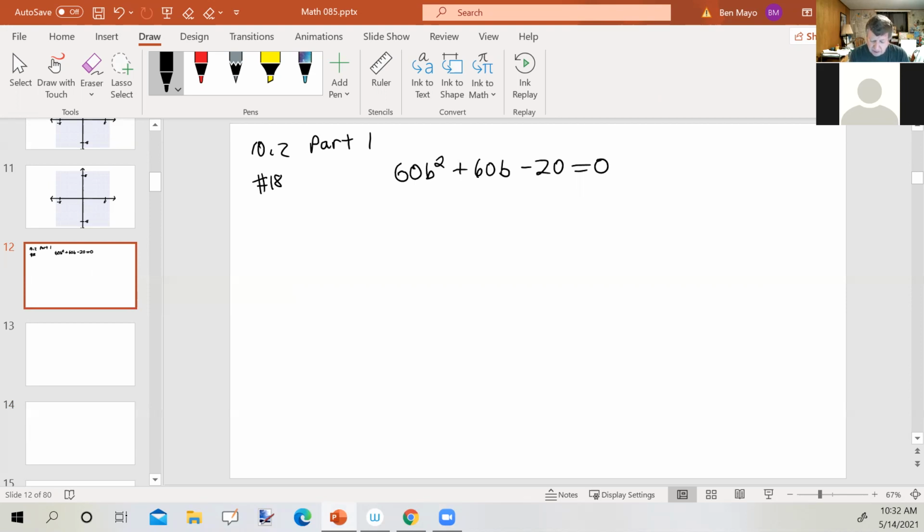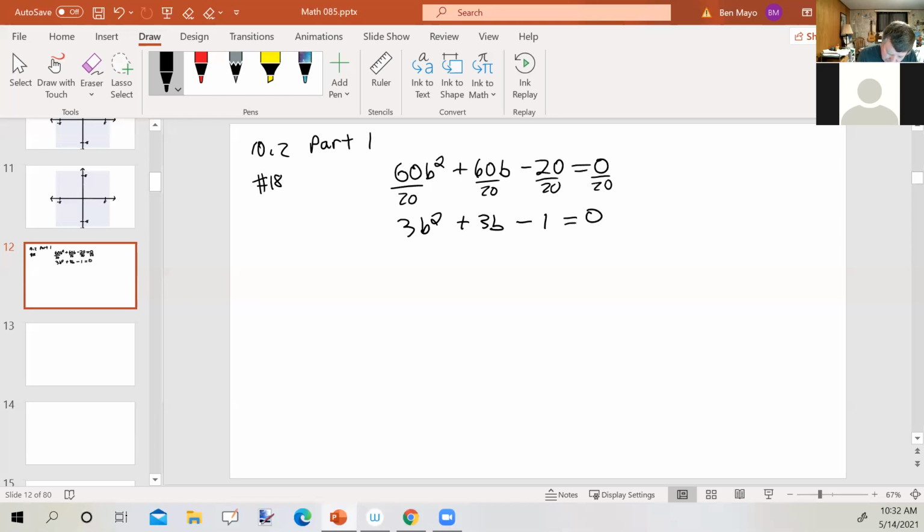We could take out a common factor of 20. So we can divide each term by 20 to reduce this thing down to smaller numbers. Doing that, we get 3b squared plus 3b minus 1 equals 0.